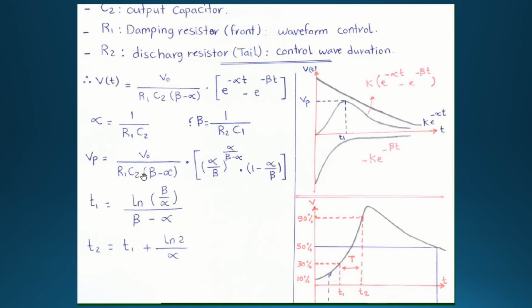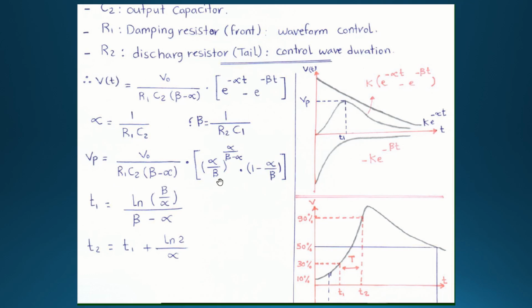So this is the formula to find the V peak. If in another question he asks you to find the peak value, you can use this formula and you will find the peak value.